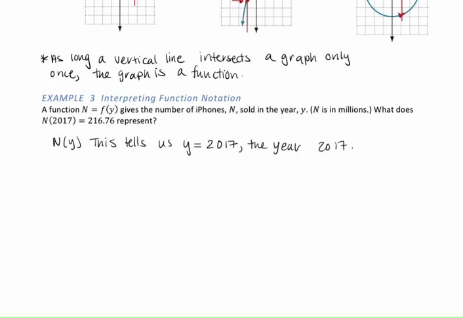Okay, let's go a little further. Now I have n of 2017 equals 216.76. We are told that this function gives the number of iPhones sold in a year.